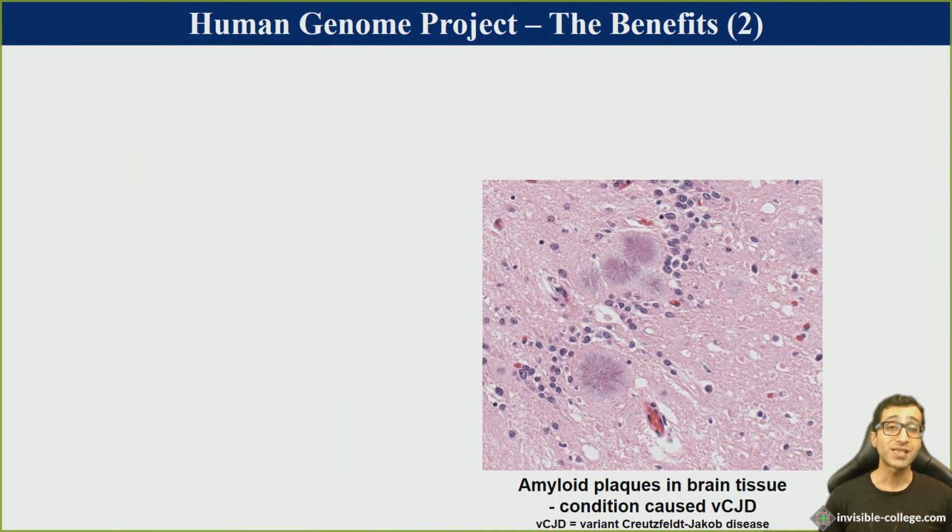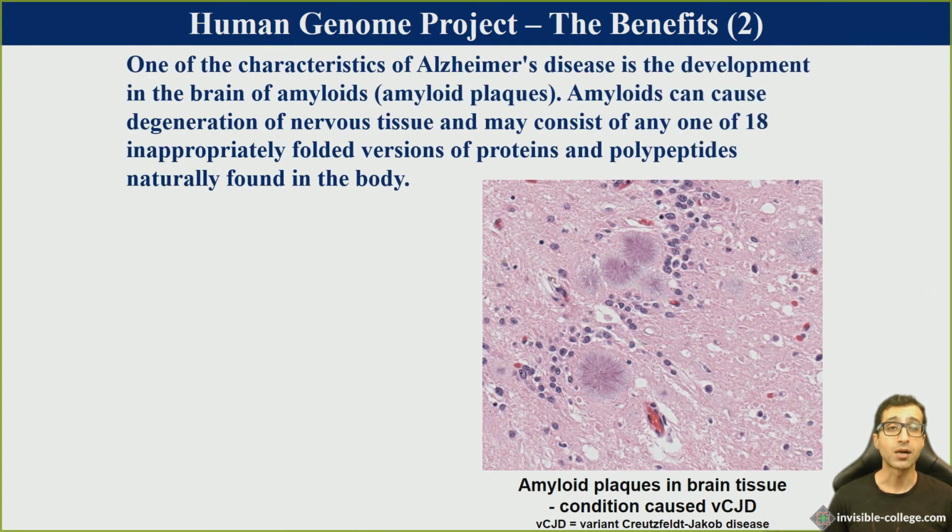So one of the characteristics of Alzheimer's disease is the development in the brain of amyloid plaques. Now amyloids can cause degeneration of nervous tissue and can consist of any one of 18 inappropriately folded versions of proteins and polypeptides which are naturally found in healthy individuals.